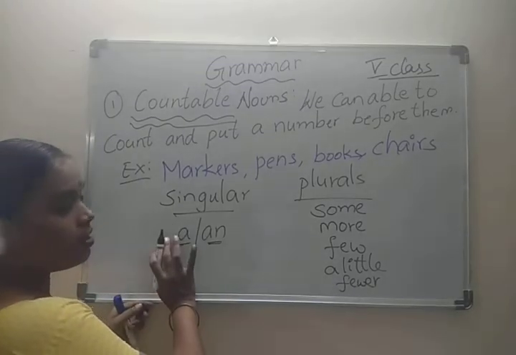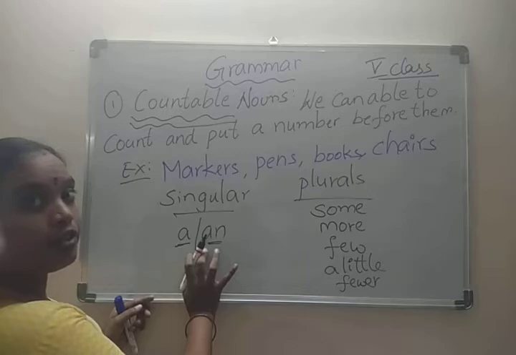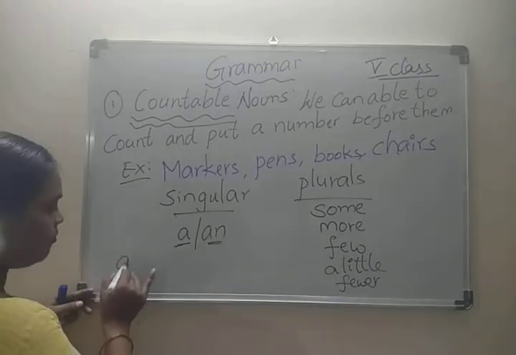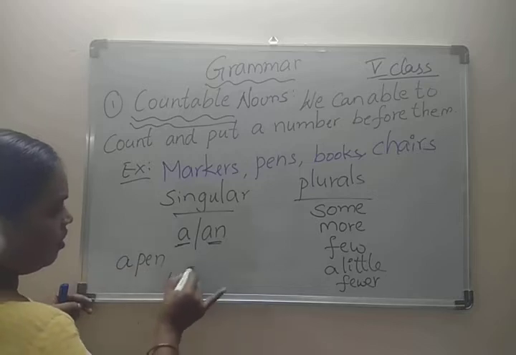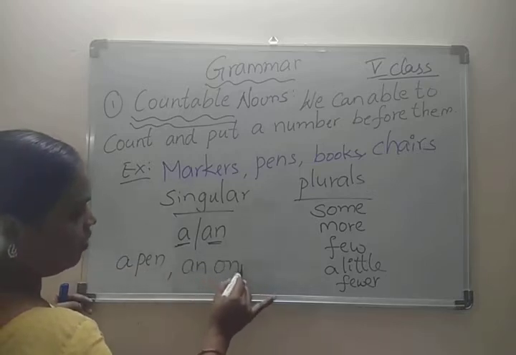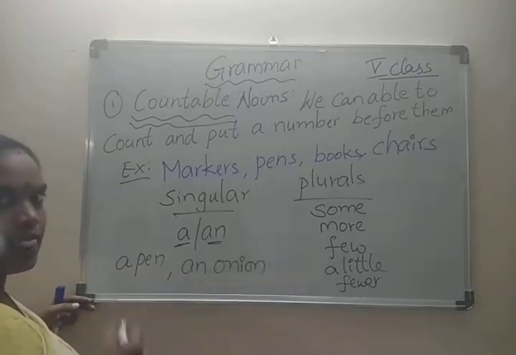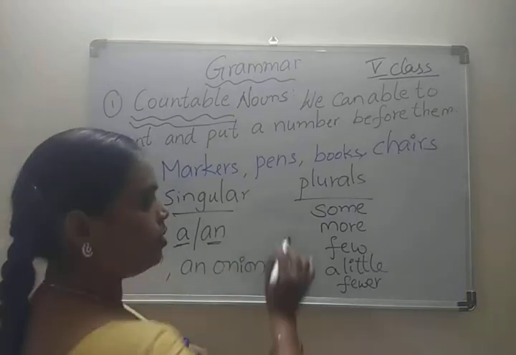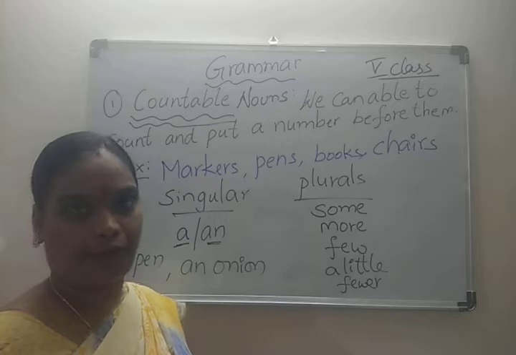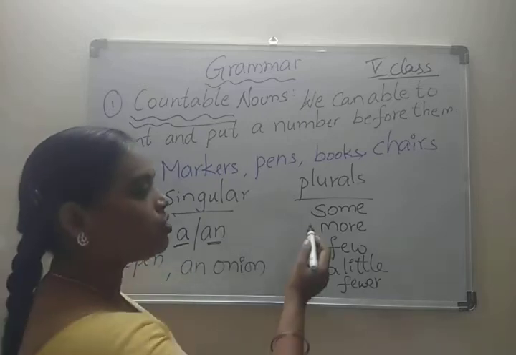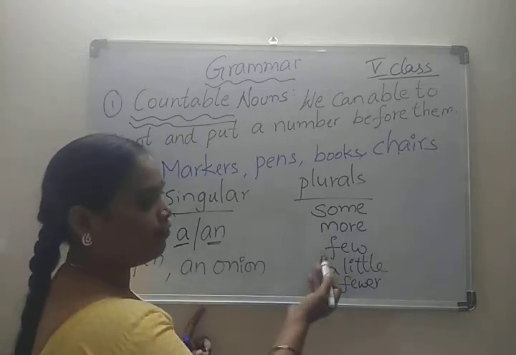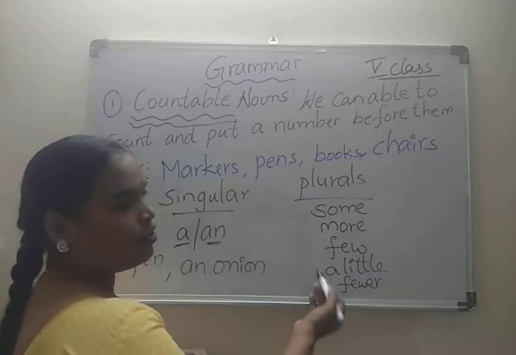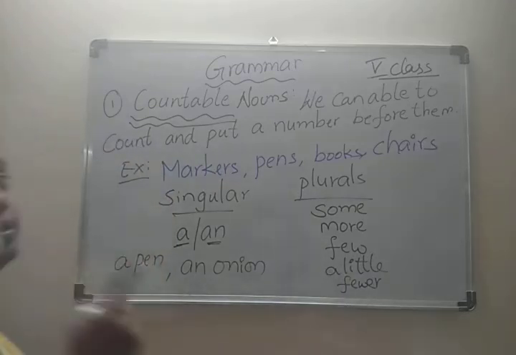For singular we keep a or an before the word, for example, a pen, an onion. Talking about plurals, we don't know the number because n number are there, so we can use some, more, few, a few, fewer before the countable noun.